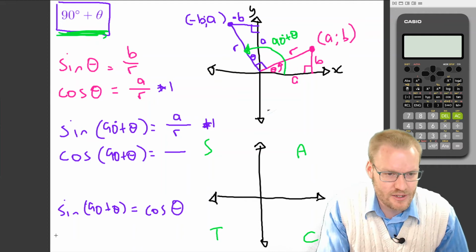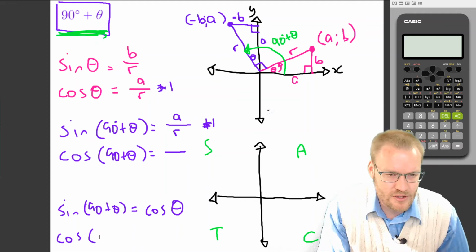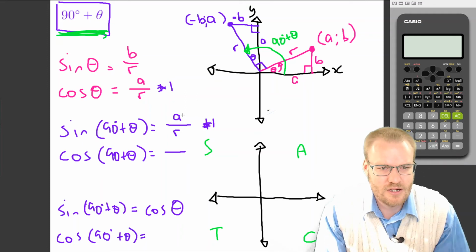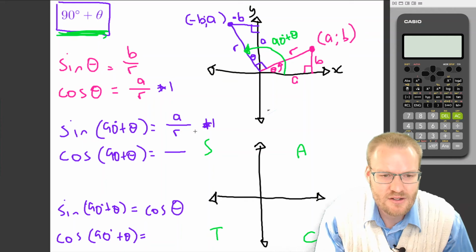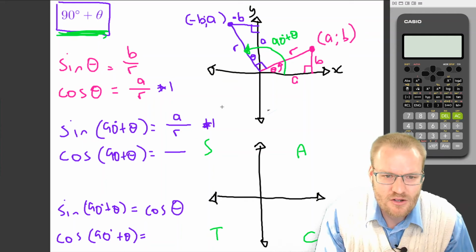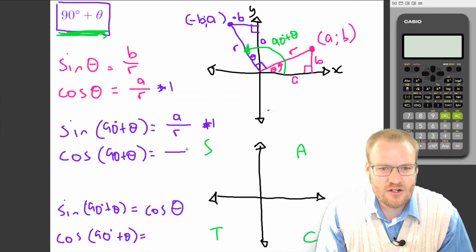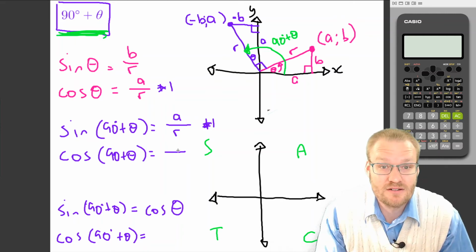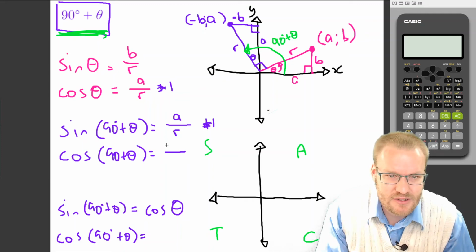Now the second one we're going to see is, what is cos of 90 degrees plus theta? Cos 90 plus theta, well, cos is x over r. So what is it in this case? Well, our x value is negative b, so this is negative b over r.